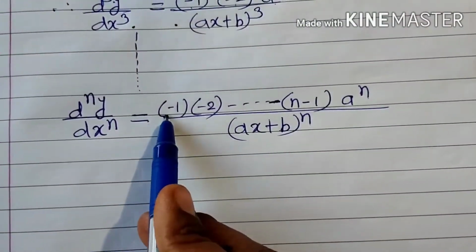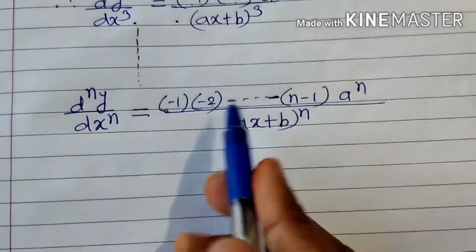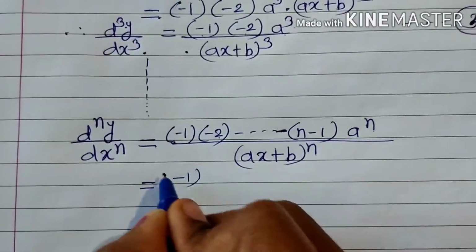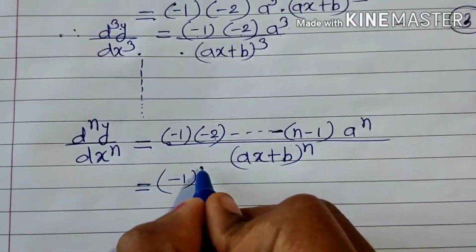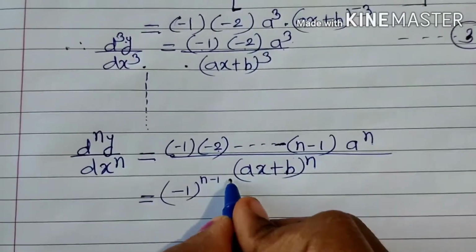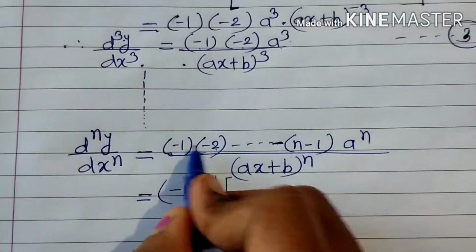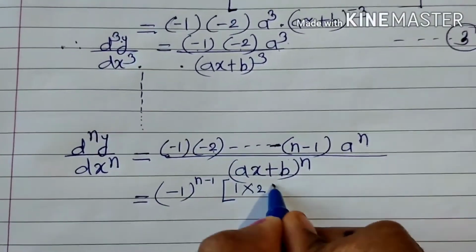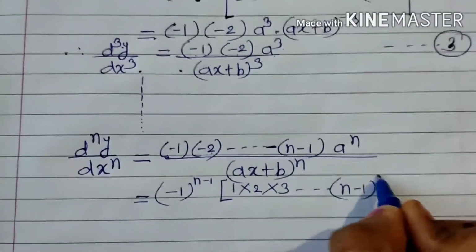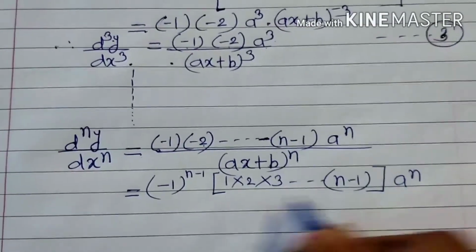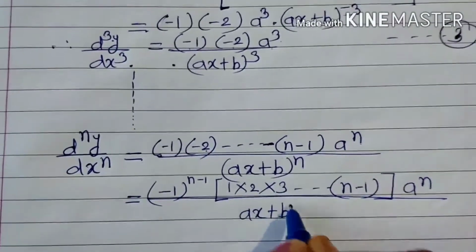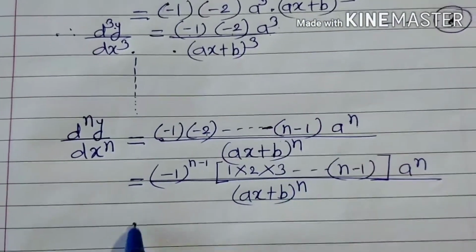Now you can take minus 1 common, so it is like that minus 1, but last term is n minus 1, so here is n minus 1, and write here remaining term which is 1 into 2 into 3 up to so on n minus 1 times into a raised to n upon ax plus b raised to n.